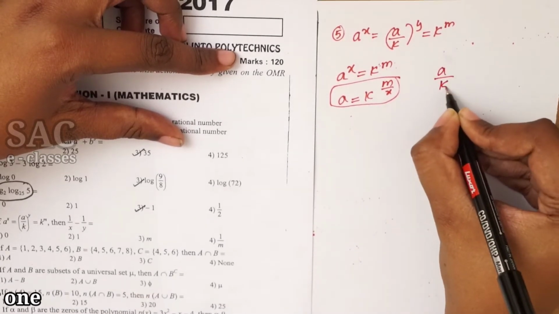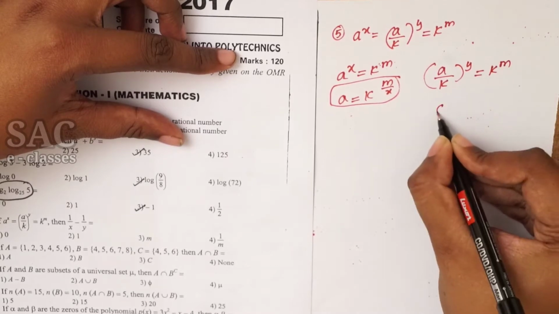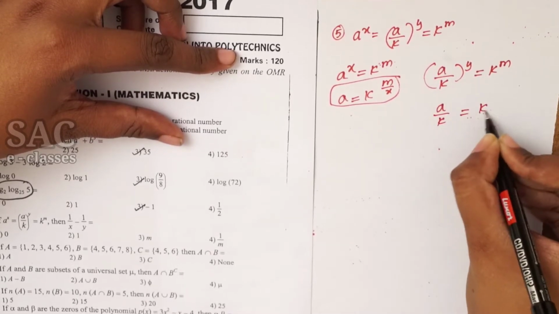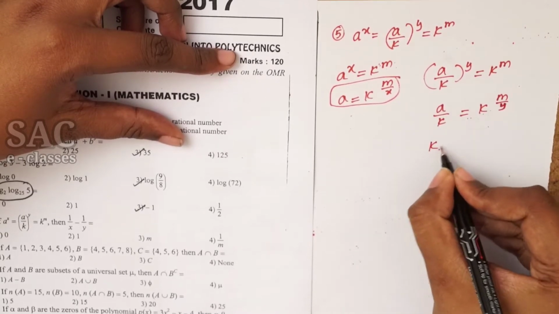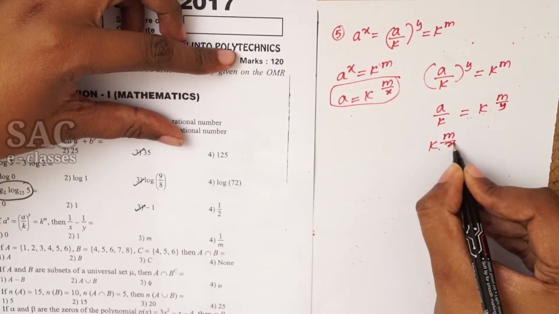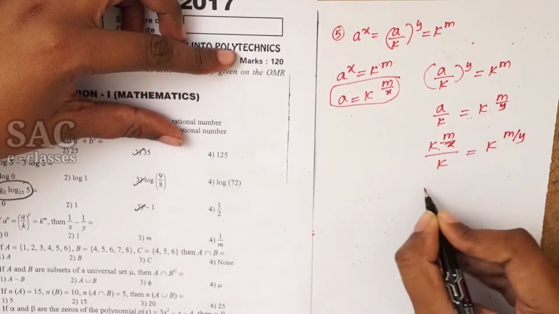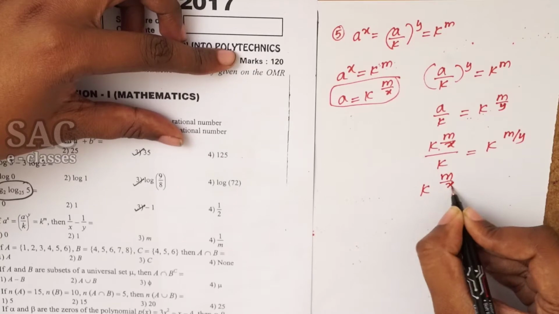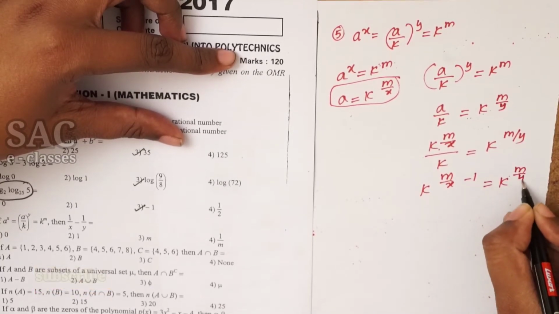In the same manner, (a by k) whole power y is equal to k power m, then a by k equals k power m by y. A means k power m by x, so k power m by x divided by k equals k power m by y. K power m by x minus 1 equal to k power m by y.